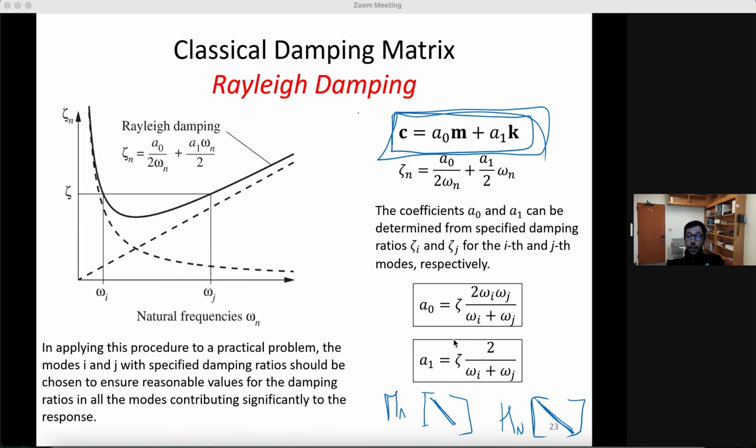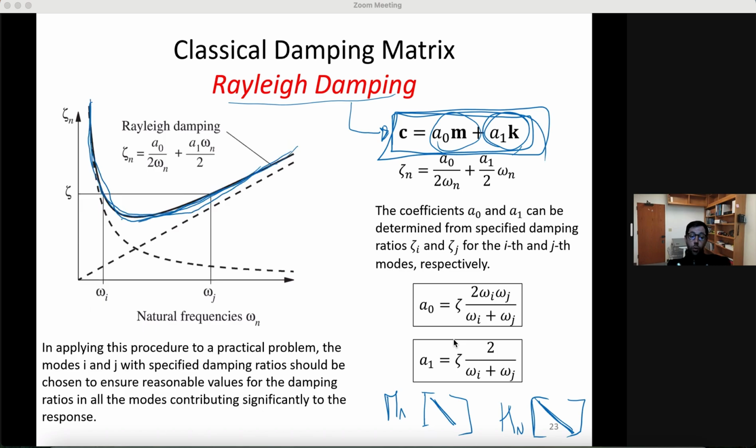If damping is written in this way, then we are talking about classical damping. Specifically, in this case, we call it Rayleigh damping. If damping is written as a combination of the mass matrix and the stiffness matrix, clearly the implication is that I will not have a constant damping across all the frequencies in my structure.